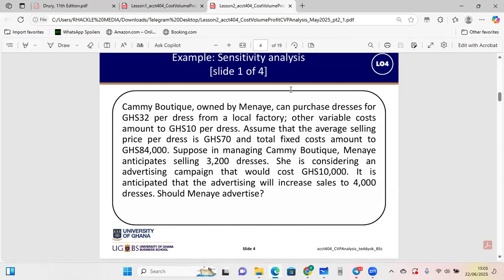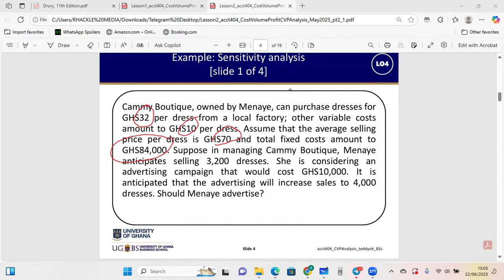Now, according to this, we have fixed cost and variable cost here. The variable cost here is 32 and then 10, as we have here. Selling price is 70, and we also have a fixed cost of 84,000.